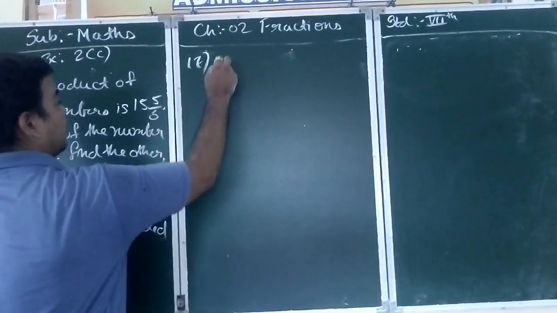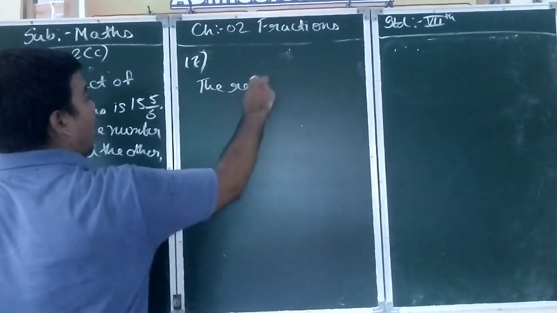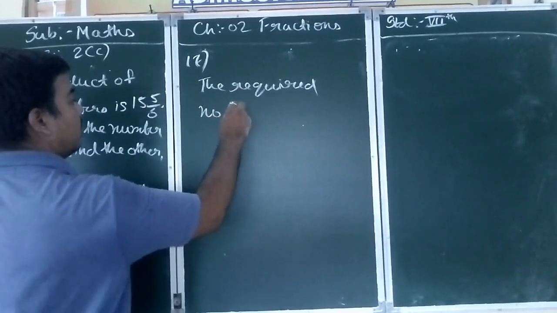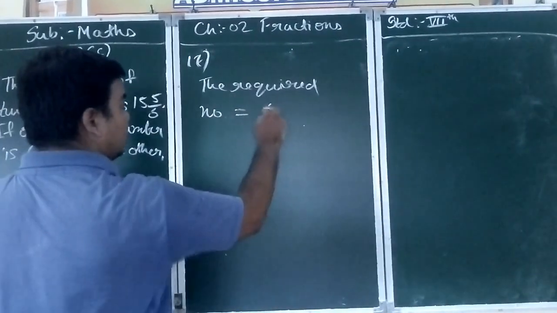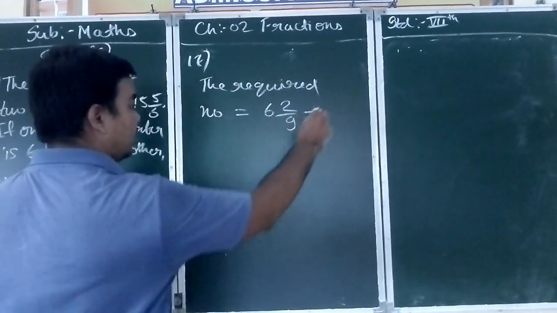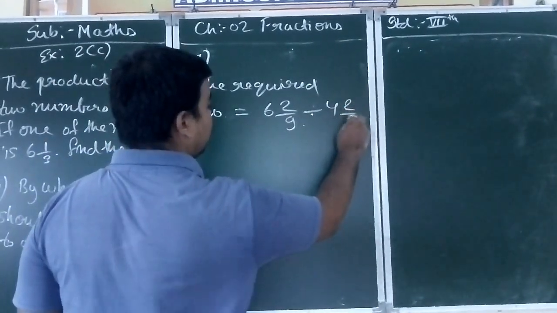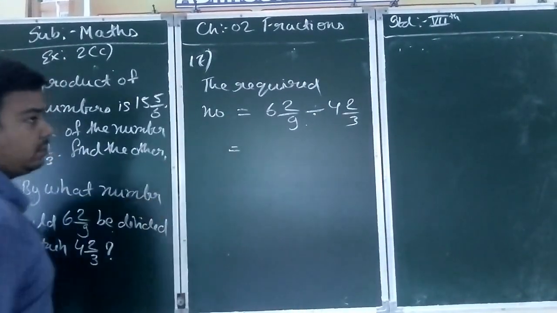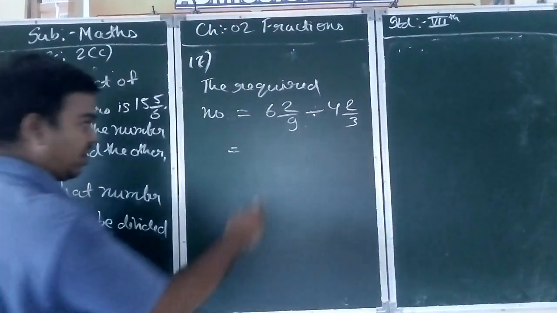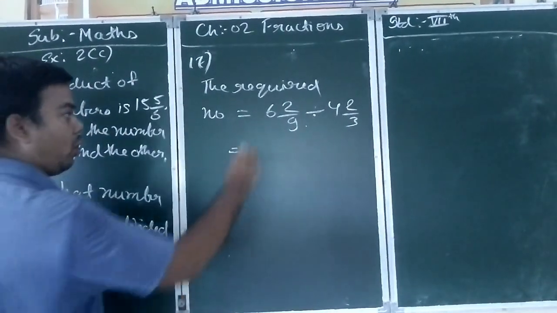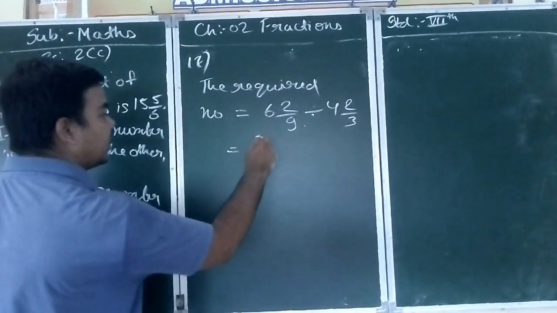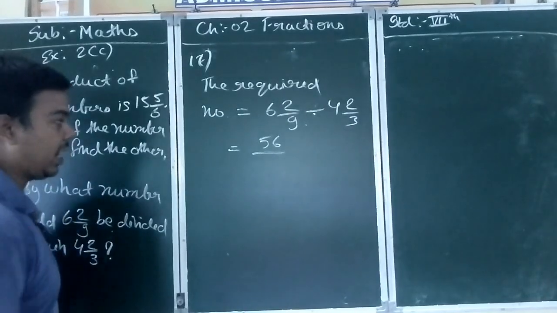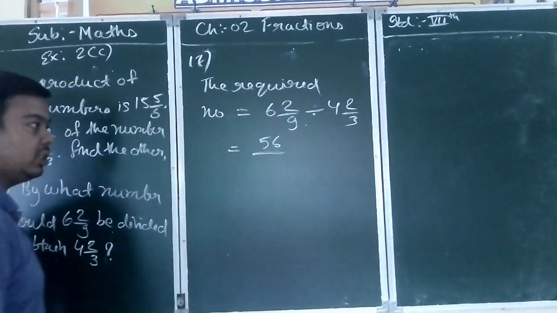So here write, the required number is equal to 6 2/9 divided by 4 2/3. 6 times 9 is 54, plus 2, 56. Mixed number changes into improper fraction.